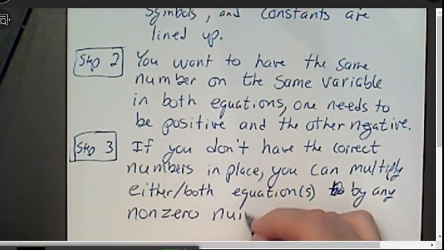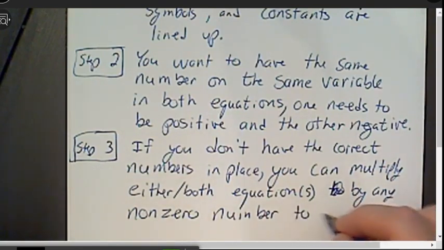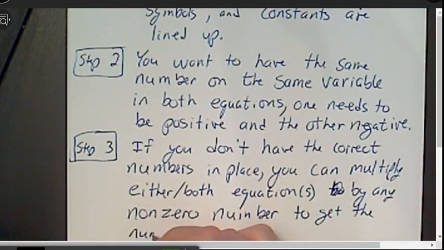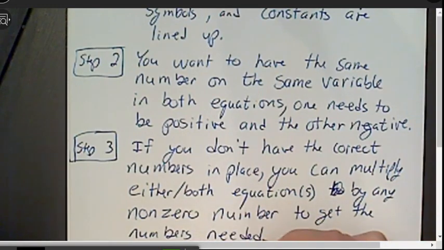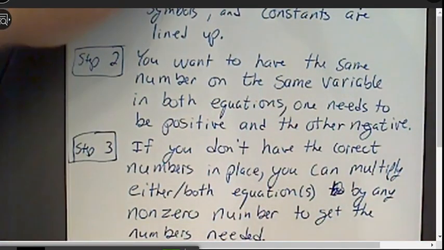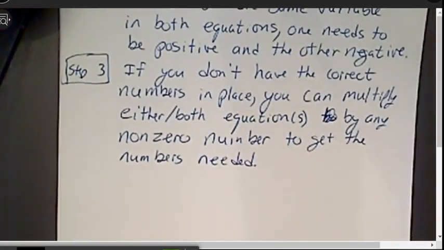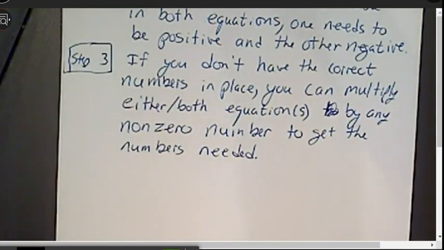So you multiply by any non-zero number. Just don't use 0 because that's making everything 0, so that's cheating. You multiply by any non-zero number to get the numbers needed. Because even with the elimination method, there's more than one correct way to get the answers on these. So there's not one set way. There are multiple different ways you can get to an answer on these.